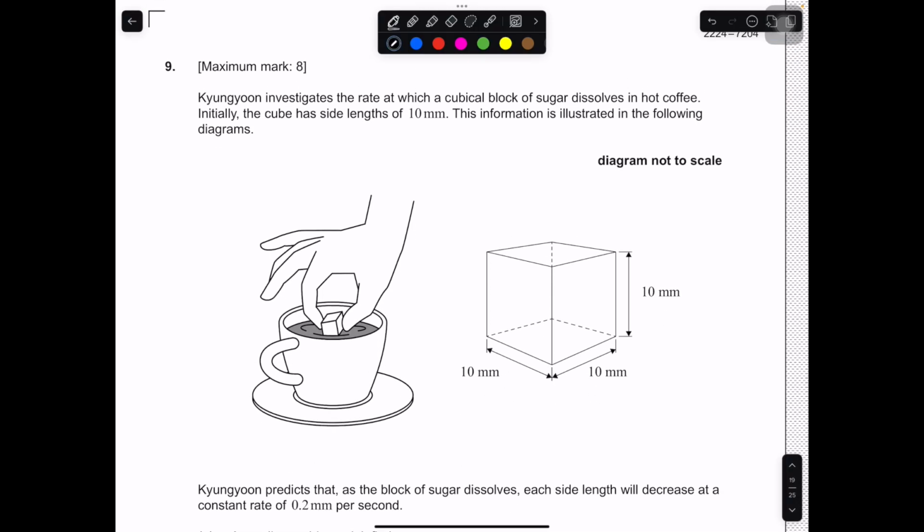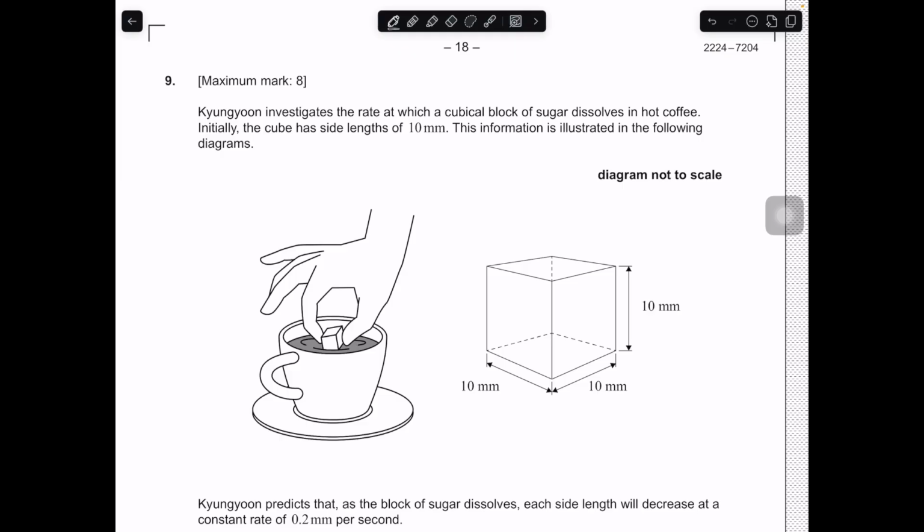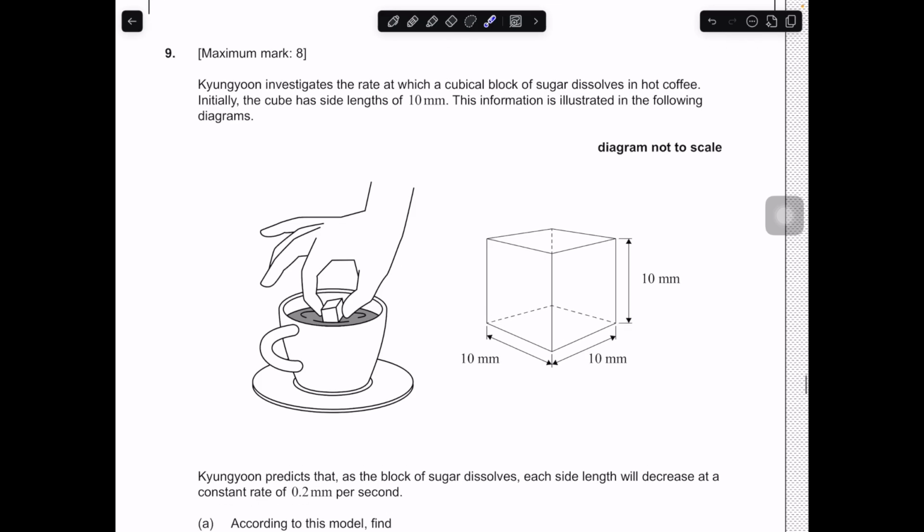Alright. Kyung-yoon investigates the rate at which a cubical block of sugar dissolves in hot coffee. Initially, the cube has side lengths of 10 millimeters. This information is illustrated in the following diagrams. So here he's putting some sugar in some coffee, and here is our cube, 10 by 10 by 10 millimeters.